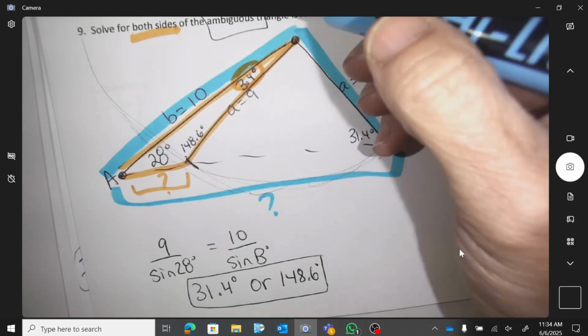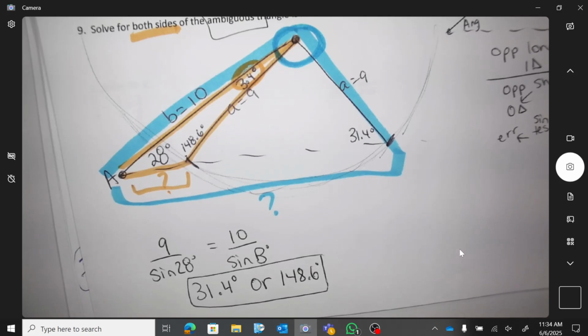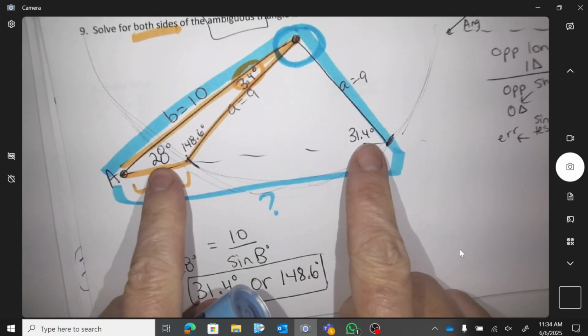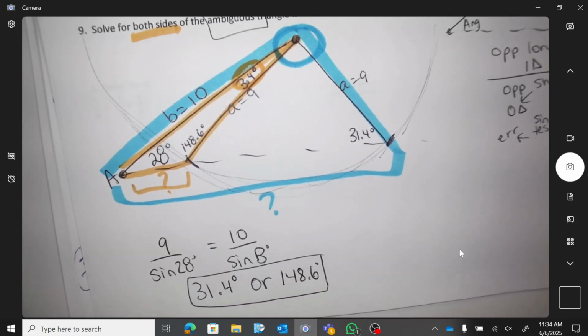And I'm going to have a blue top angle. So the other blue corners are 28 and 31.4.